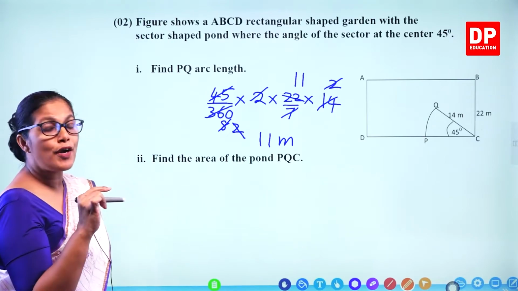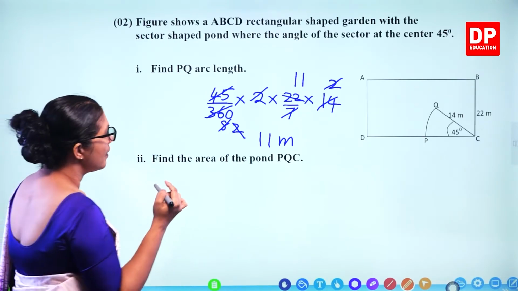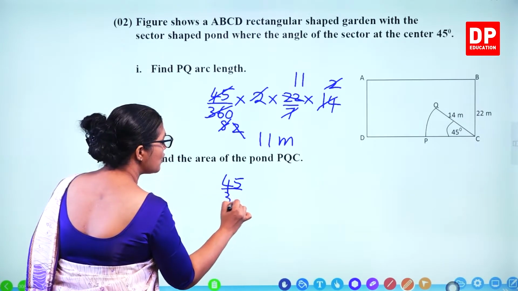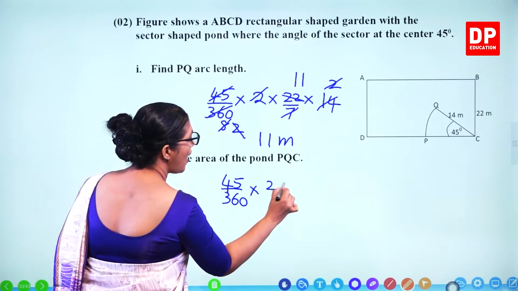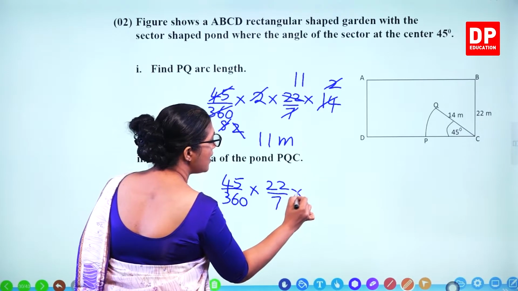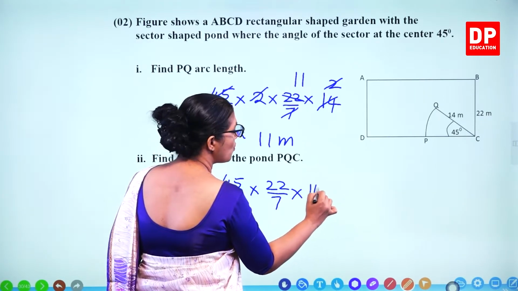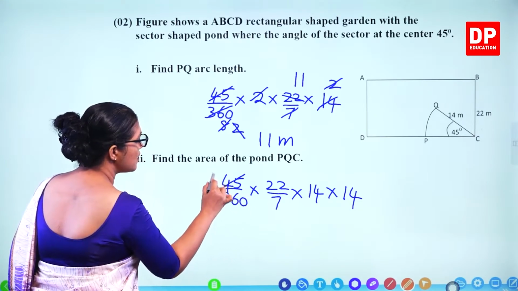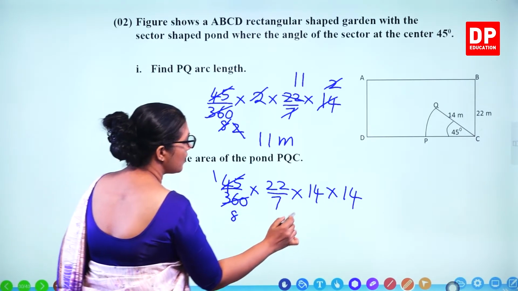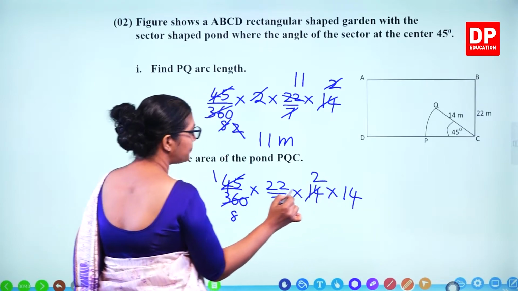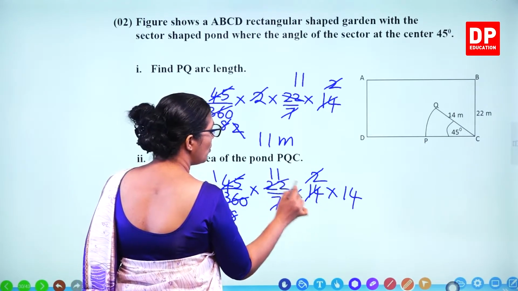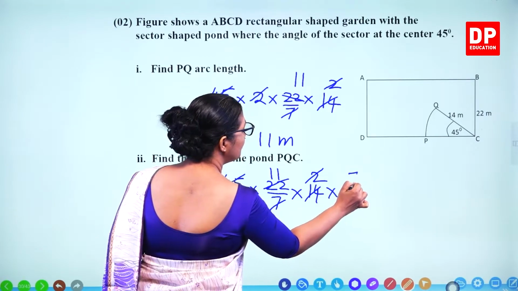Find the area of the pond PQC. Again, this is a sector. 45 over 360 into pi r squared. Pi is 22 over 7. R is 14. 14 into 14. Now try to simplify. This is 8. 7 times 2. Here 2 and this 2 and another 2.